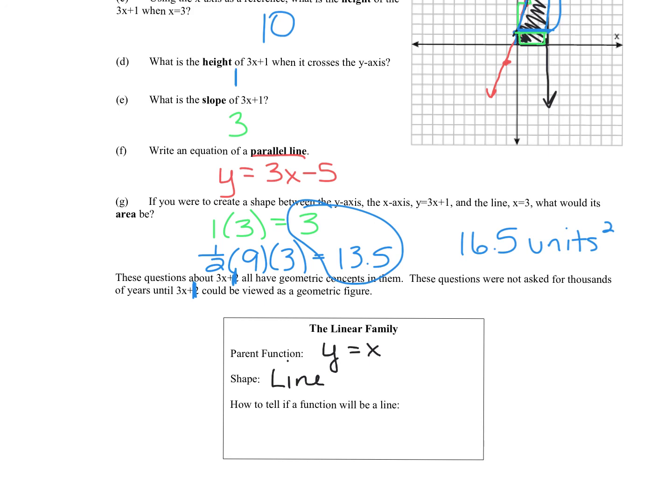And how to tell if a function will be a line, basically you can write it in y equals something x plus something form. Okay, so y equals mx plus b form. My parent function is an example of that, and that's where the m is 1 and the b is 0. Okay.